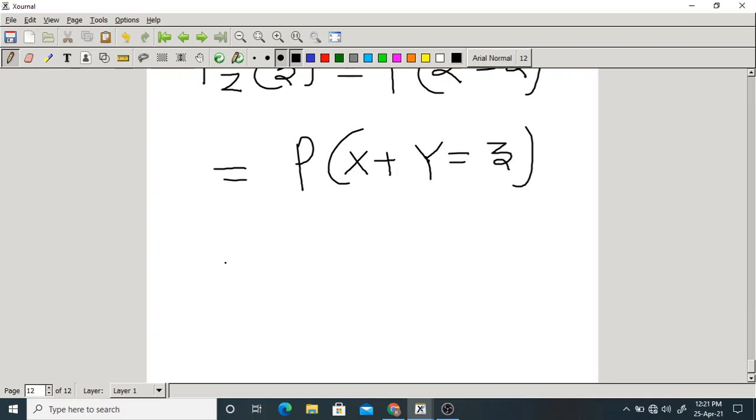Now, how to find this? We take the summation over x plus y equal to z, and we take the joint PMF.